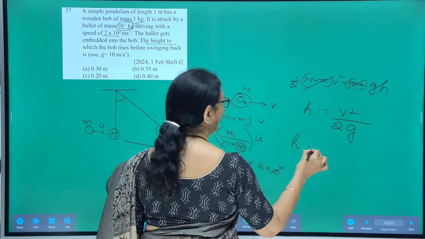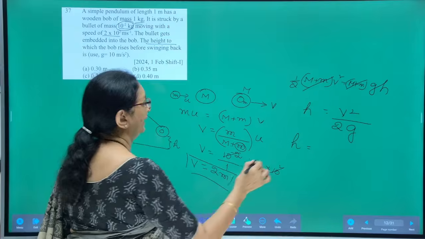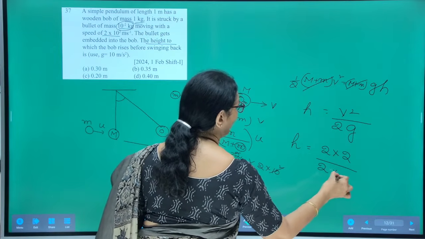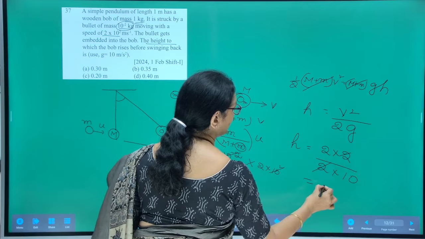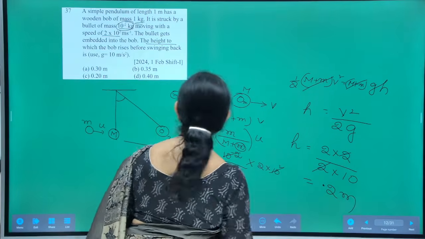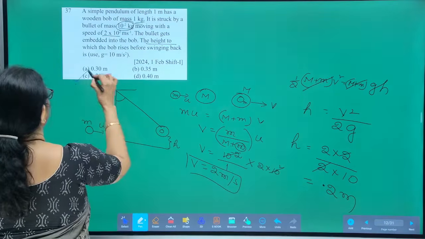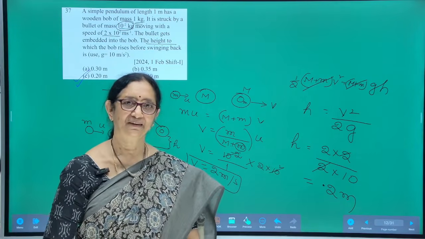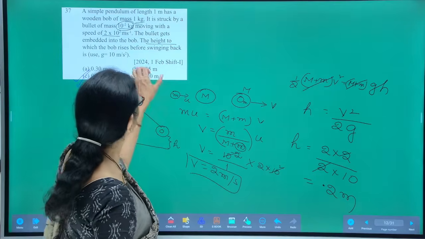So, maximum height reached is 2 into 2 by 2 into g. So, this is 2 by 10, that is 0.2 meters. This is the correct option for that problem. Look here, is that okay?